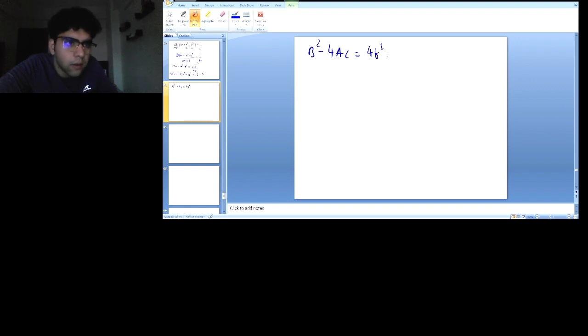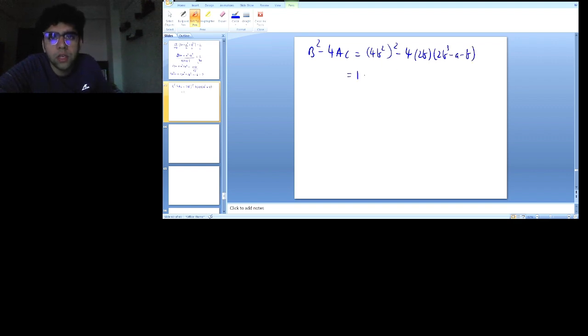Four b square minus 4 into a is... my b is 4b square, whole square, minus 4a is 2b, and c is 2b cube minus a minus b.